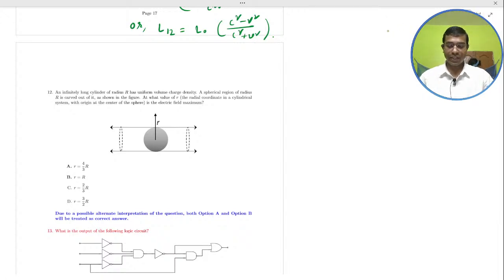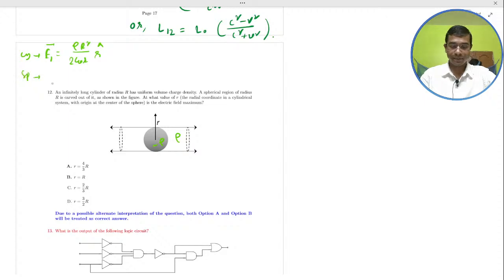Let us assume the charge density of the cylinder is rho and of the sphere is minus rho. The field outside the cylinder, E1, is rho r square divided by twice epsilon naught r, r cap.